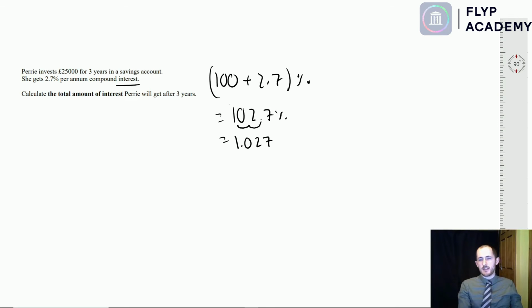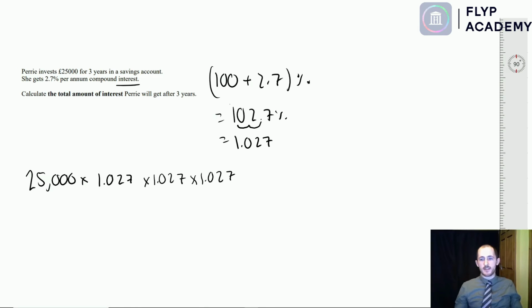Now here's an interesting thing, right? To work out the amount she has at the end, we take our £25,000 and times it by this little multiplier we have. Now that only works for 1 year. So if I want to write this again, the next year you'd times it again, and for the third year you'd times it once again.